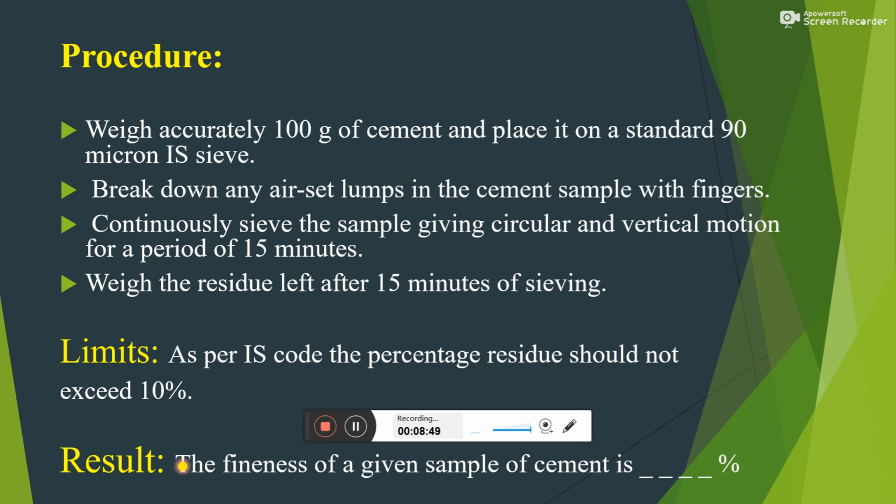So how much you have got, 2%, 0%, 5%, 8%, note down that percentage. This is how we perform the fineness test of a given sample of cement.